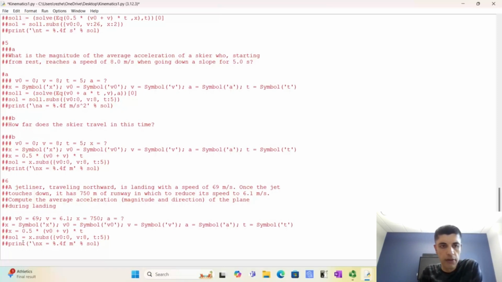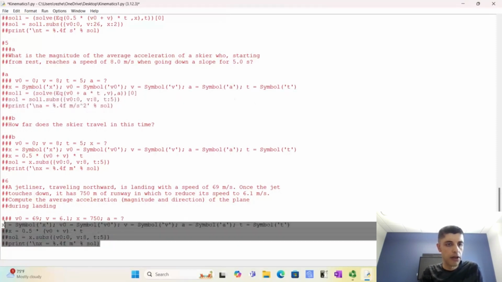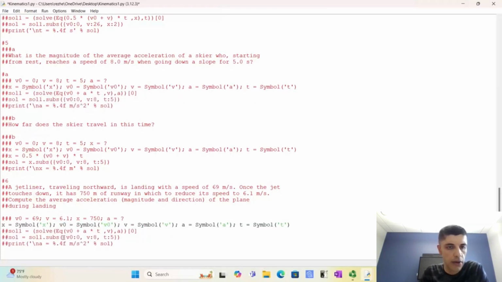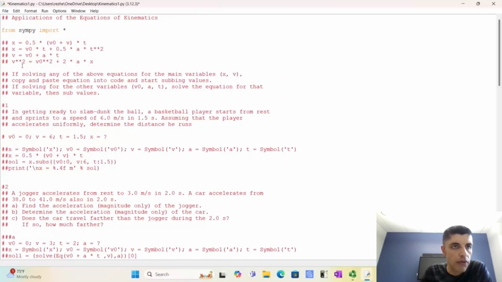So let's go ahead and uncomment this line. We need to borrow this line of code from number 5 and paste here, and then change things. We need an equation that has V naught, V, X, and A, and that's not what I have here. So let's go back up and see which one. V naught, V, A, and X, that would be this fourth equation down here.